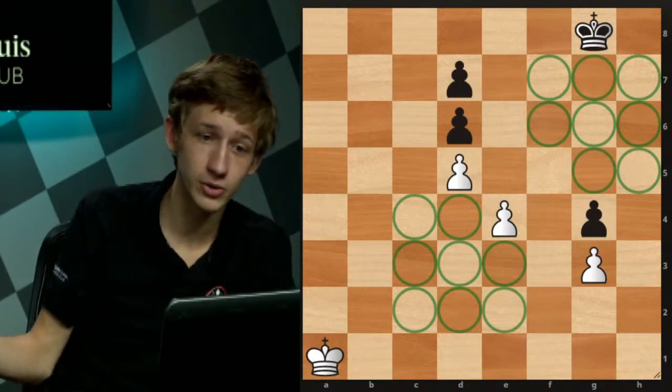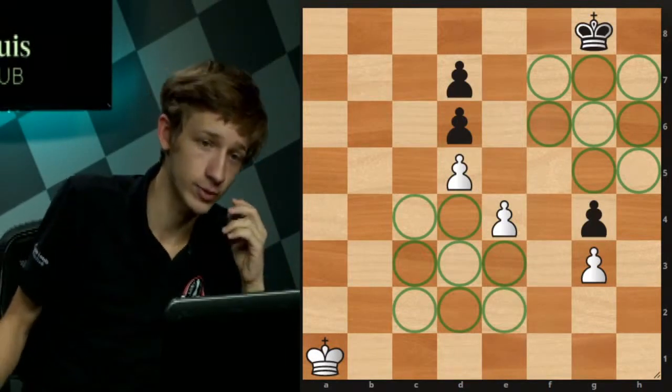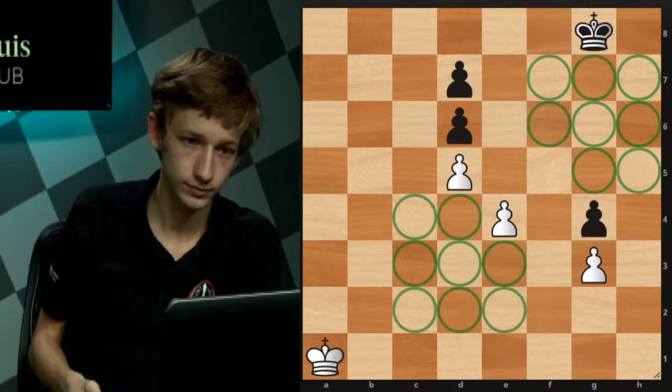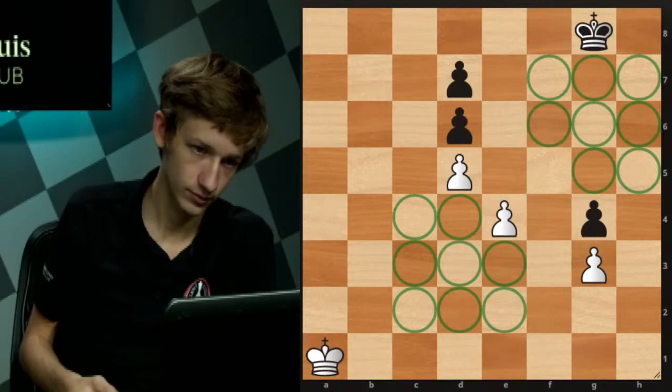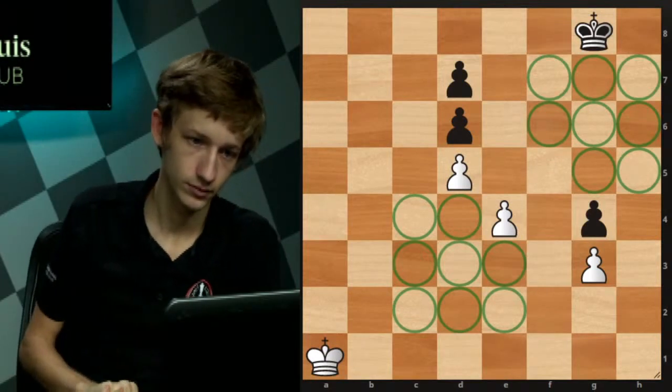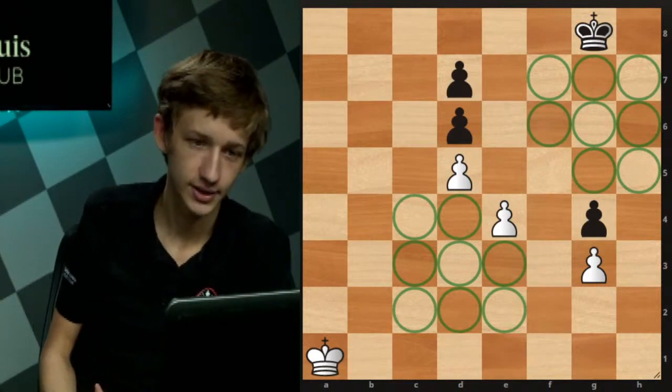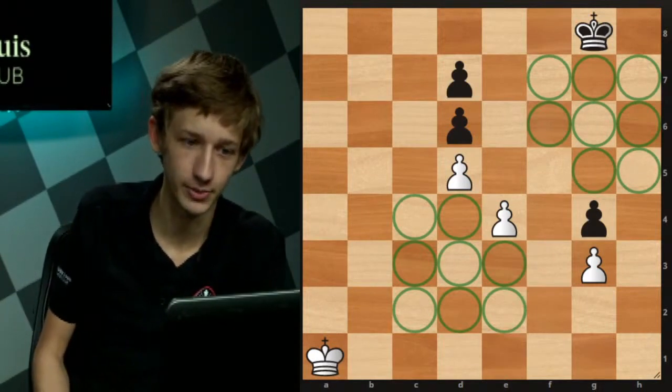Now, what can we do to actually solve the study now that we've determined what system we have here? How can we actually solve the study now that we know what system we're dealing with?